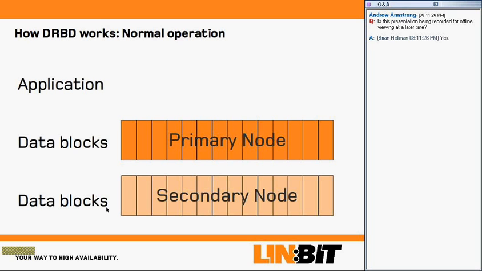A key performance advantage for DRBD in terms of read I/O is the fact that on the DRBD primary node, which is the one that, as you know, has the application running, we can always read locally. This is a key performance advantage over traditional cluster solutions based on a NAS or a SAN.